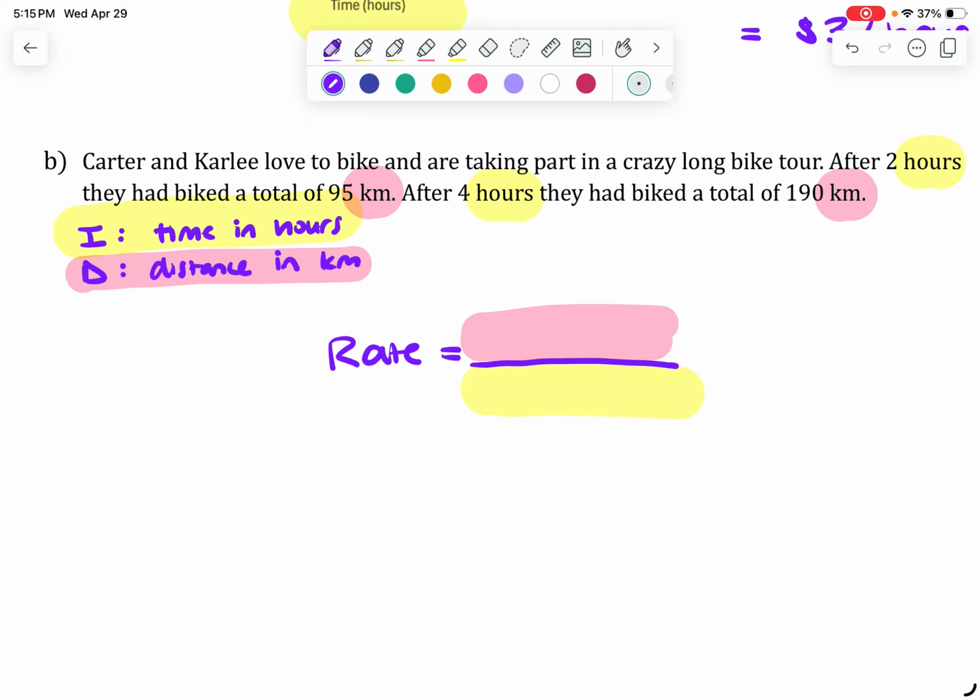I'm going to stick with the time in the denominator first, though. So 4 minus 2 hours. And then 190 minus 95 kilometers. Please keep in mind that it's possible to have negative rates, so please don't just assume that it's always the bigger number minus the smaller number.